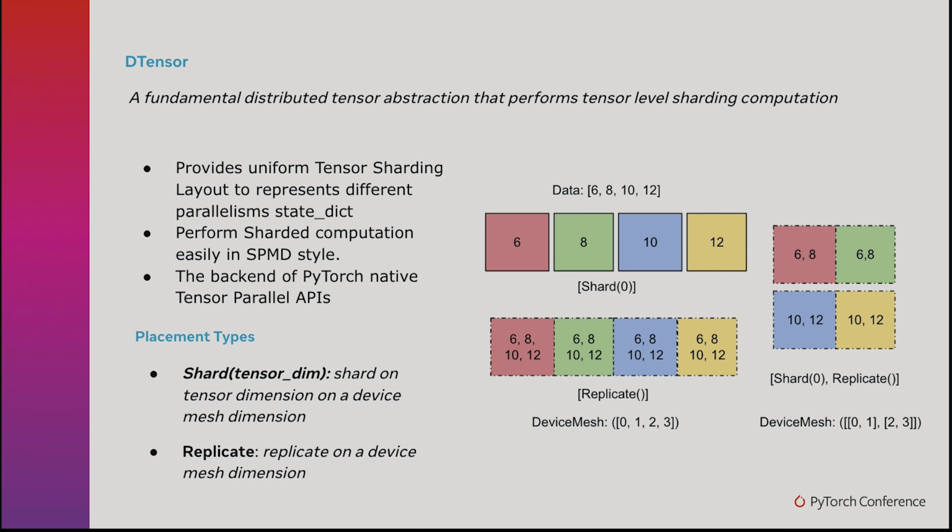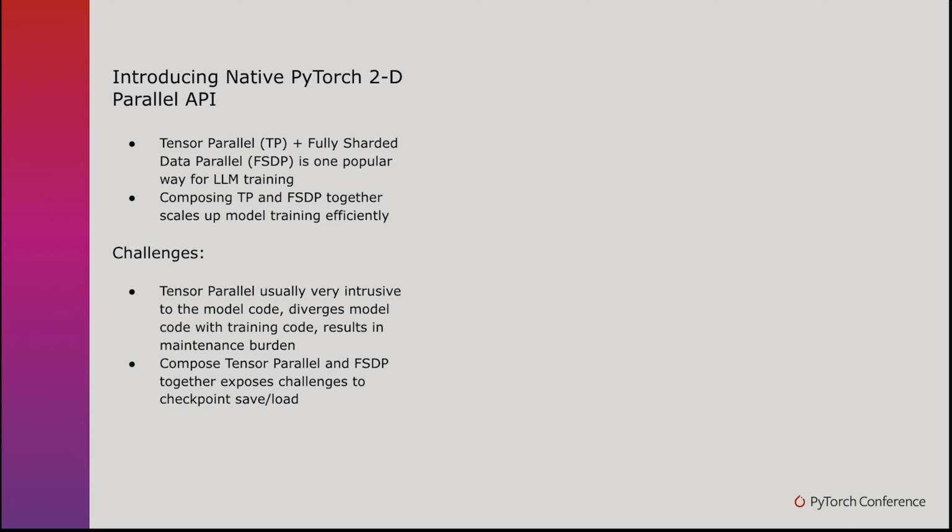So with device mesh and DTensor as the fundamental building blocks, we can make large model training much easier. Junjie went through earlier that we have our 2D solutions, and a couple of pain points that we have seen in the past for Tensor Parallel.